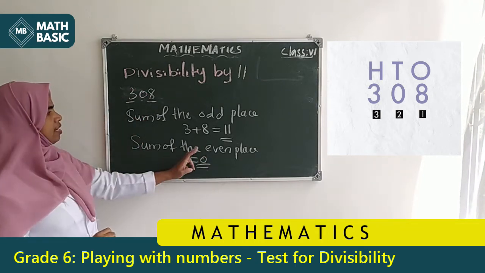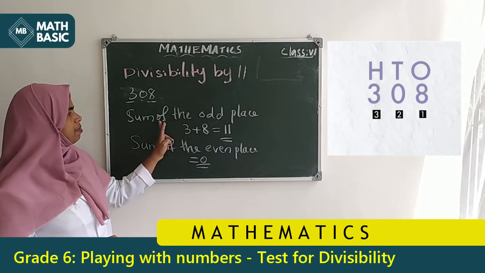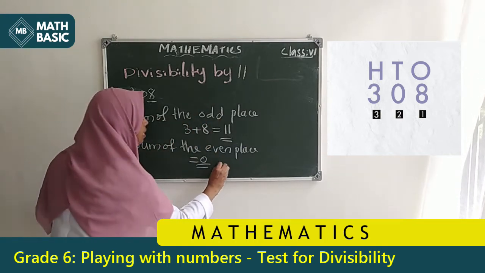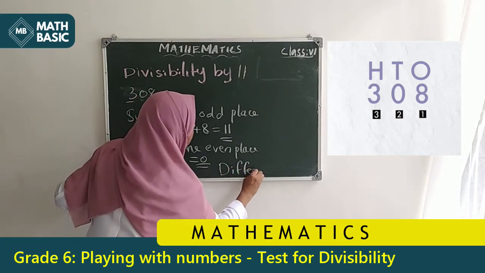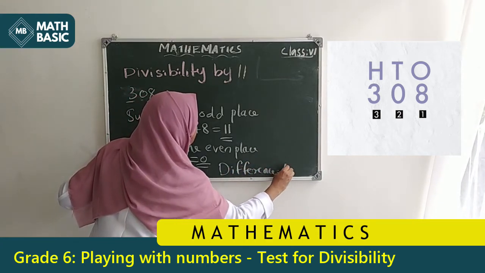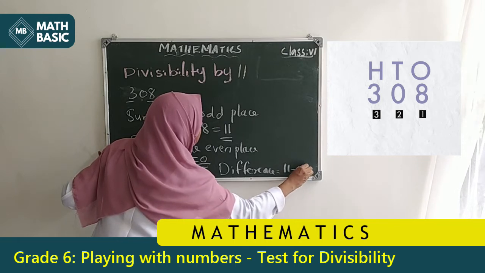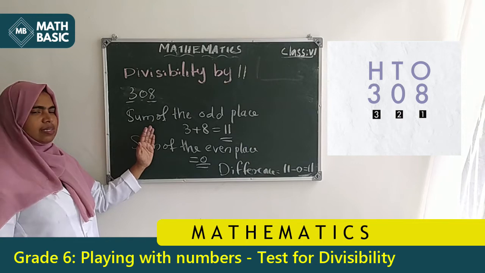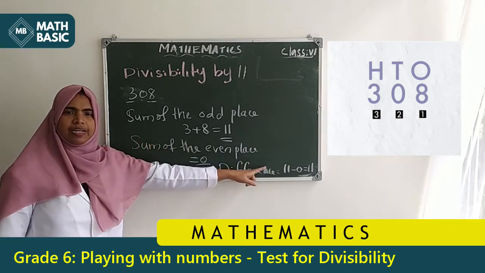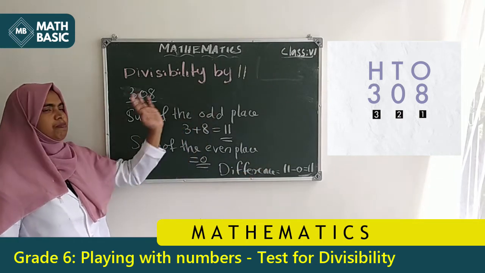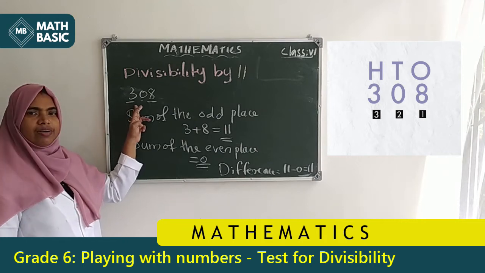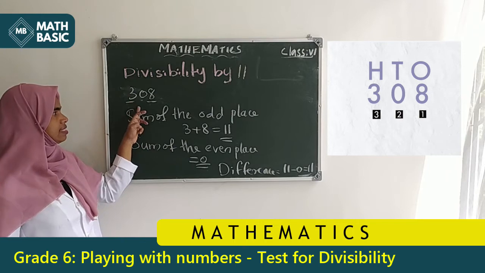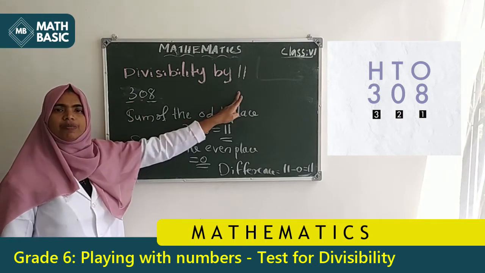Then, the difference between the sum of the odd places and the sum of the even places equals 11 minus 0, that is 11. Here the difference is 11. So, 308 is divisible by 11.